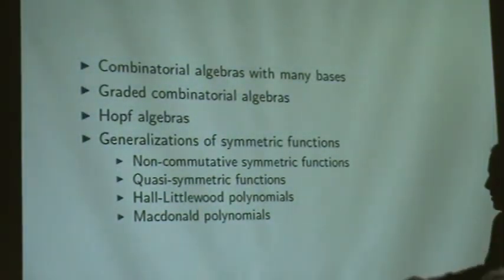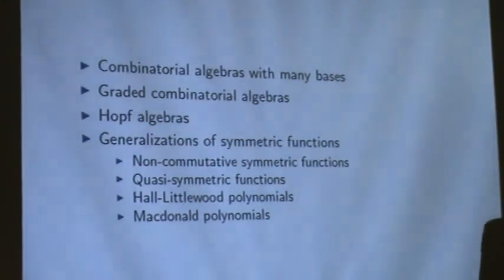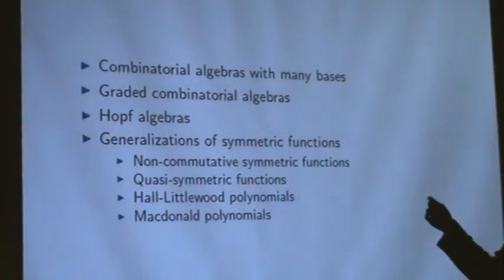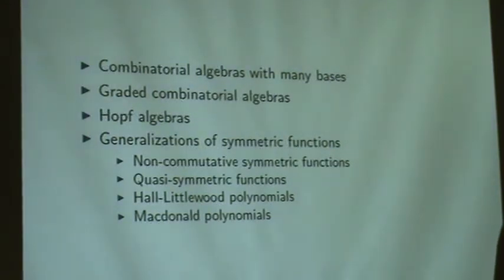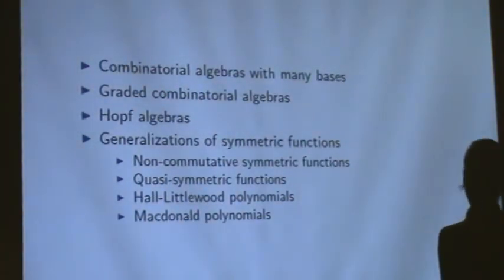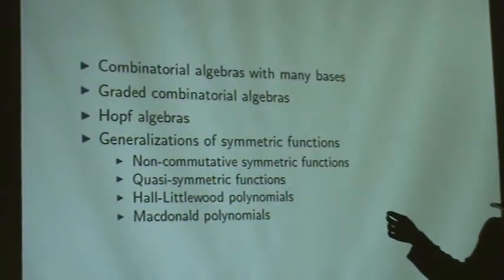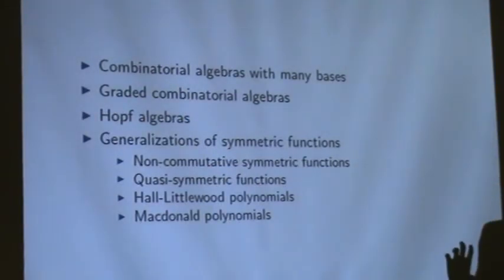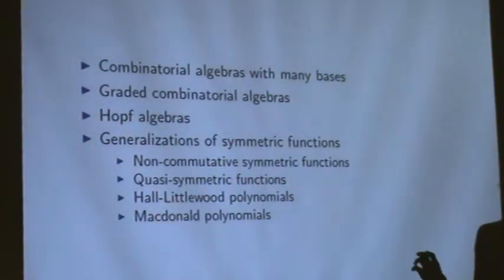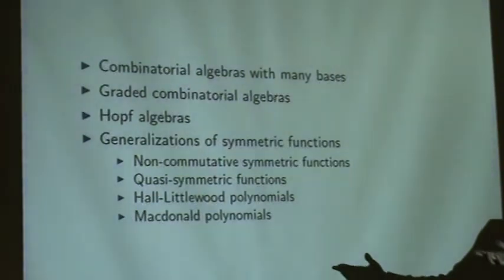Those I would really like to get in Sage, and especially for working with them, you can run into some computational issues, because you can define them as dual to some basis with respect to a different scalar product.